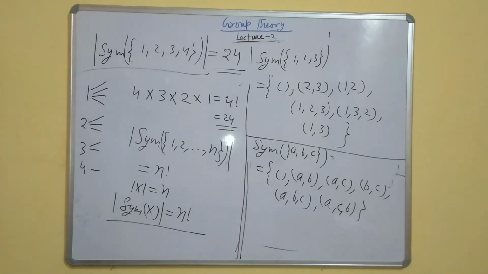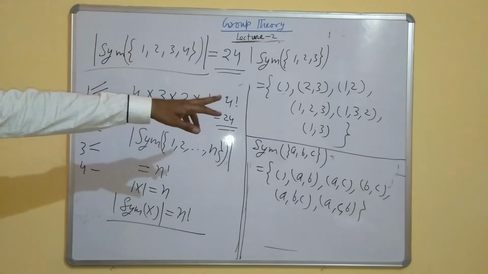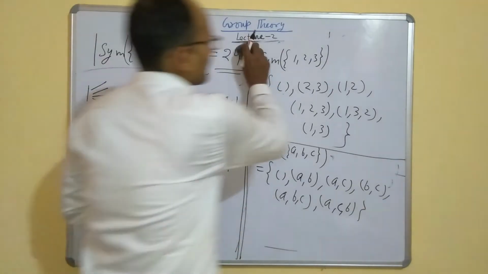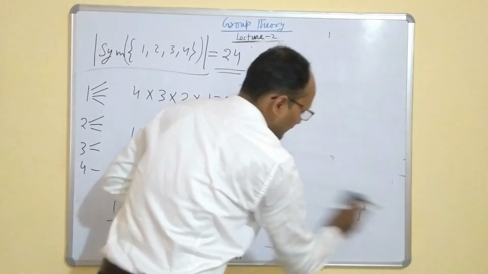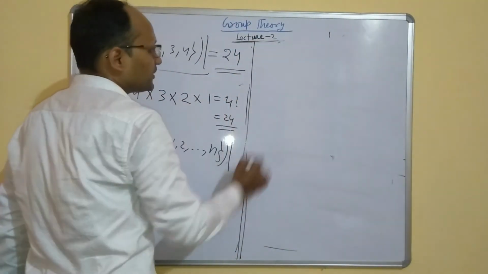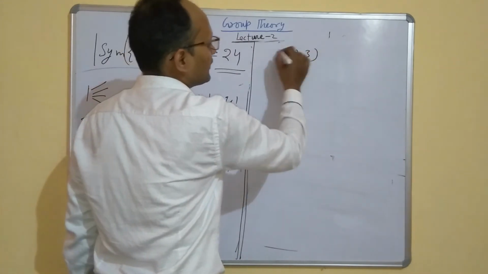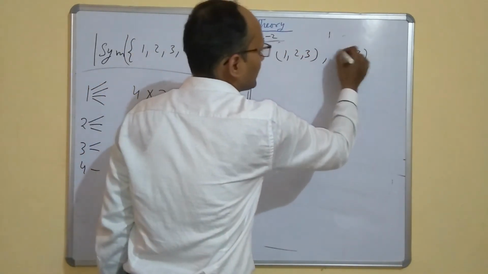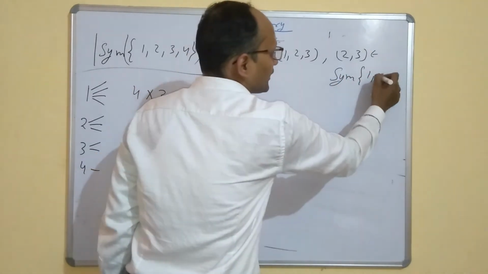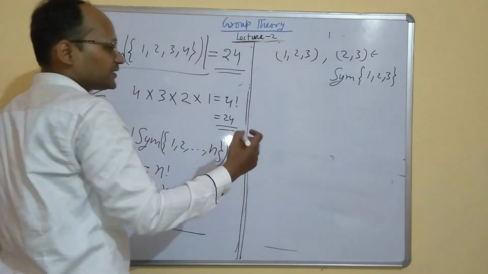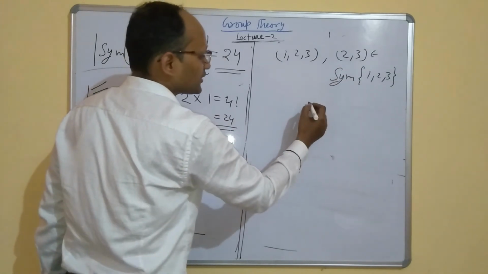So one more thing, let me give you how to compose this element, and then I will move towards the next example. So suppose I take 2 elements, (1 2 3) and (2 3) in Sym(1, 2, 3). Then how to compose it in this new notation?